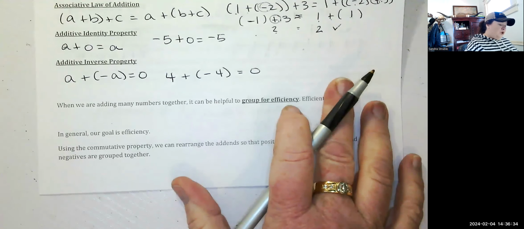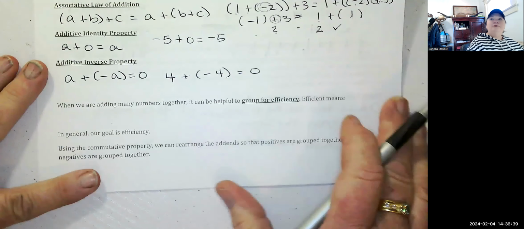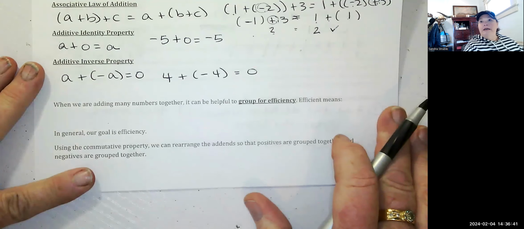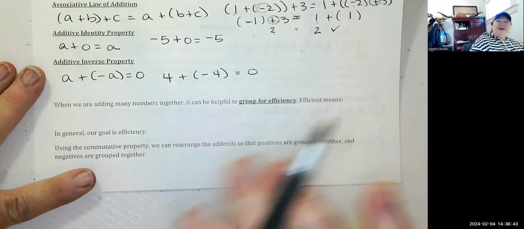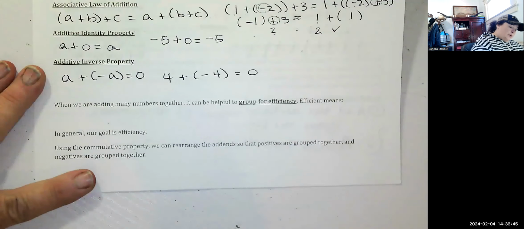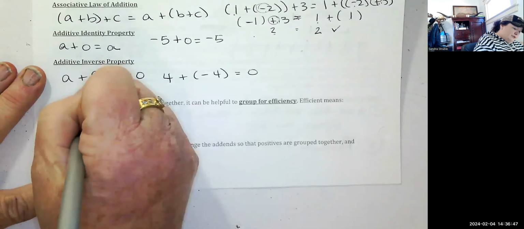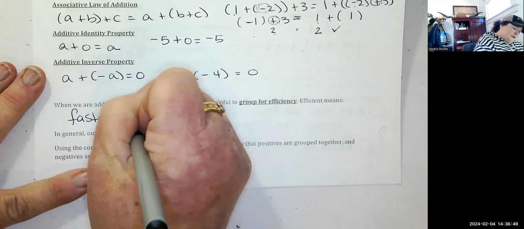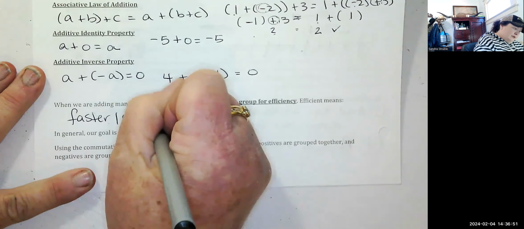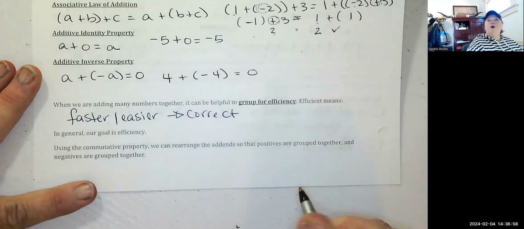All right. When we are adding many numbers together, it can be helpful to group for efficiency. Efficient means faster, easier, correct. In general, our goal is efficiency.